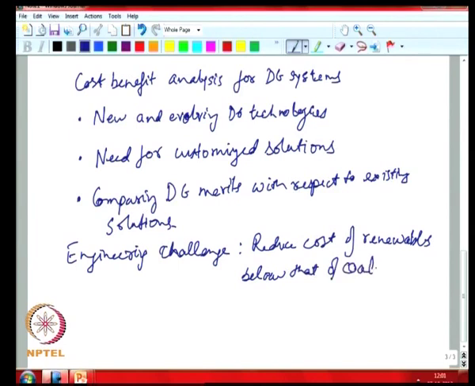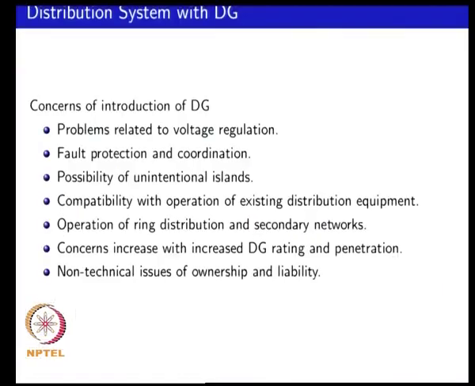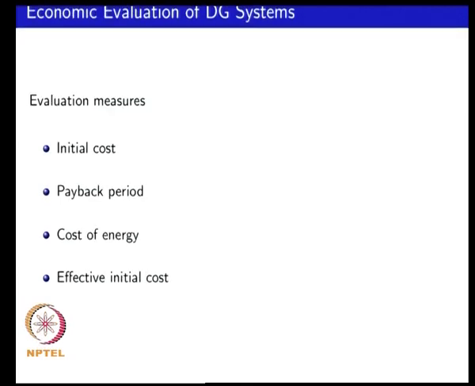So, we will look at a few metrics that can be used for DG systems. One particular way in which you might make a decision when you are thinking of purchasing or installing a DG system is the cost.